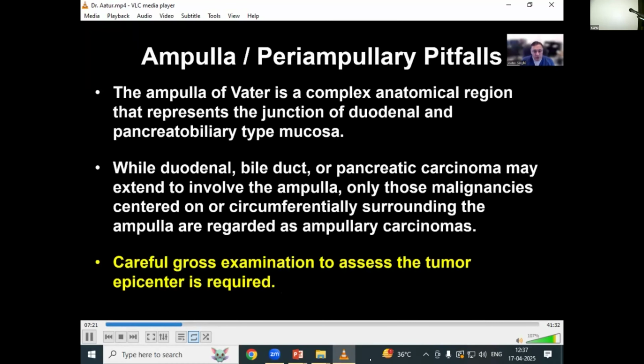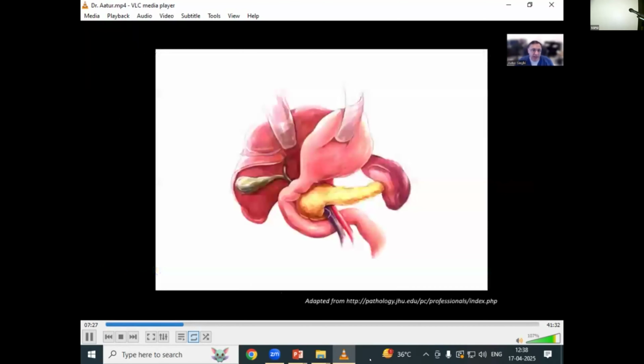And that requires proper gross technique and examination to assess the tumor epicenter. And that all starts at the time of receiving the specimen, which comes right at the point of time where it leaves the surgical field and the margins of resection are being evaluated by, again, that pathologist.